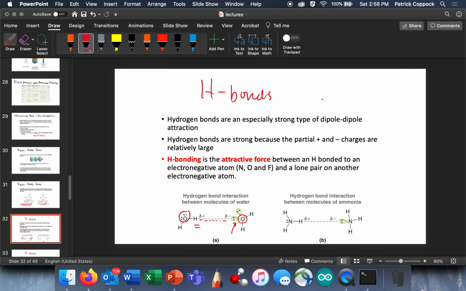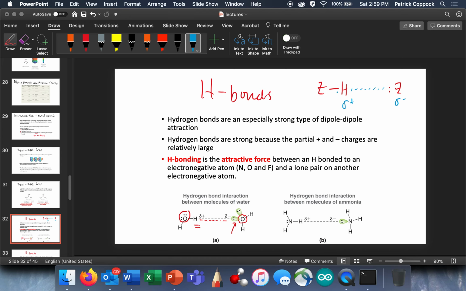So sometimes we could say an electronegative element might be generalized as Z. So I've got a hydrogen that's bonded to an electronegative element, and I've got a lone pair on another electronegative element someplace else, and we might say that the hydrogen bond is the electrostatic interaction between those two partial charges, right? That's going to be a partial minus because it's an electronegative element.